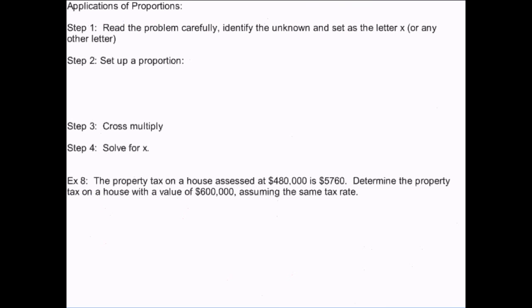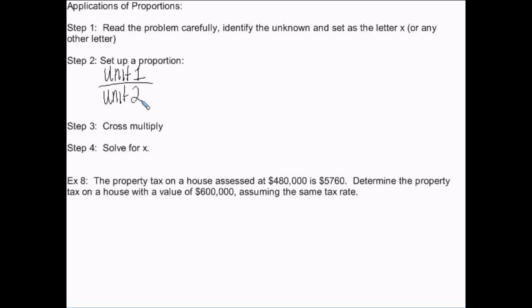Set up the proportion. You want to make sure that you set it up correctly, okay? So if you have some unit 1 over some unit 2. So let's say this is miles and that's hours, miles per hour, okay?